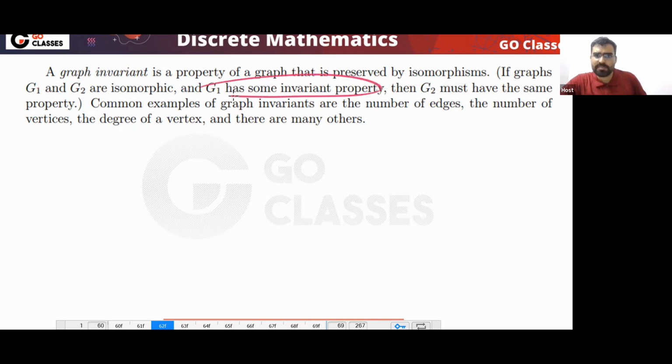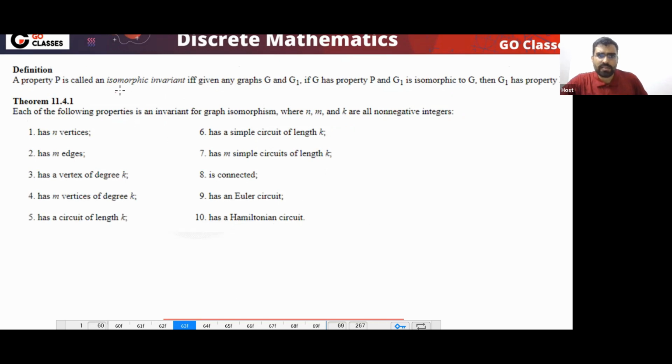If this G1 has some invariant property, then G2 should also have the same invariant property. Common examples of invariants are the number of edges, the number of vertices, the degree of a vertex, and there are many others. Isomorphic invariants are properties which should be the same for isomorphic graphs, like maximum degree, minimum degree, has a vertex of degree k, has m vertices of degree k, has a cycle of length k.